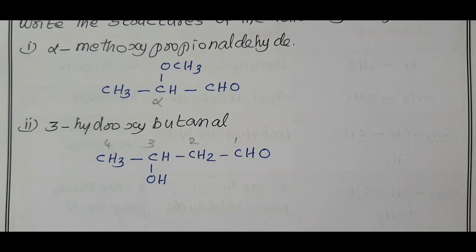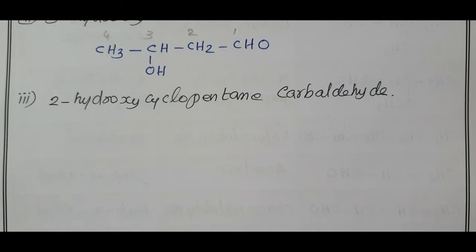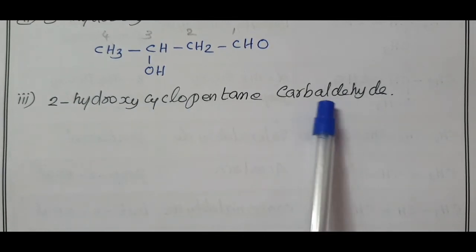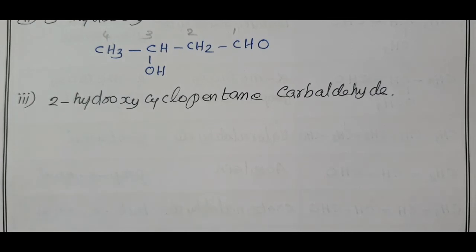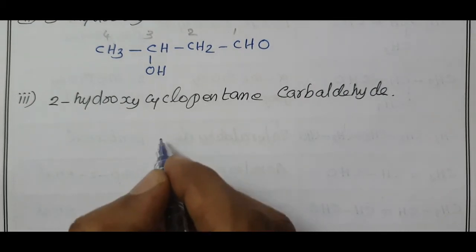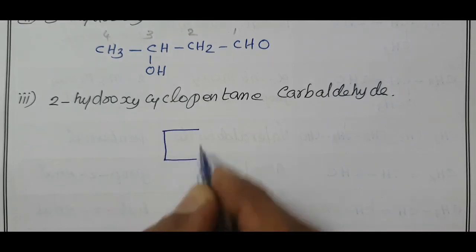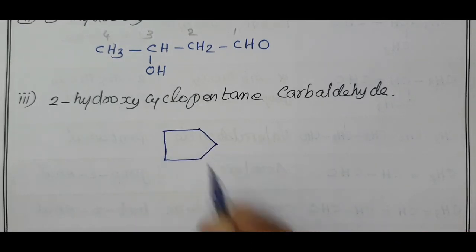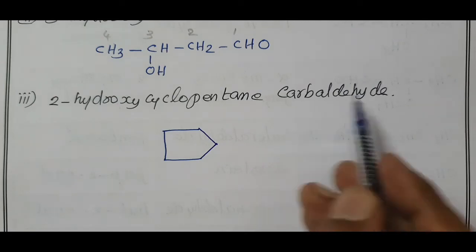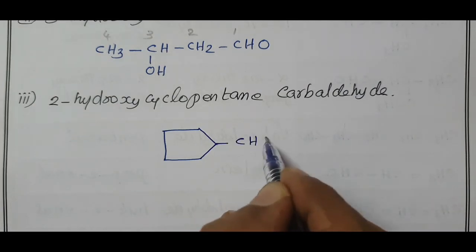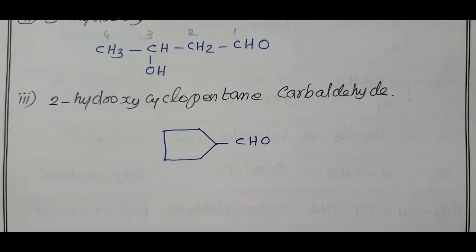Come to the third compound, 2 hydroxy cyclopentane carbaldehyde. This is a cyclopentane structure, 5 carbon atoms in cyclic form. Carbaldehyde indicates that there is one aldehydic functional group attached to the cyclic compound.